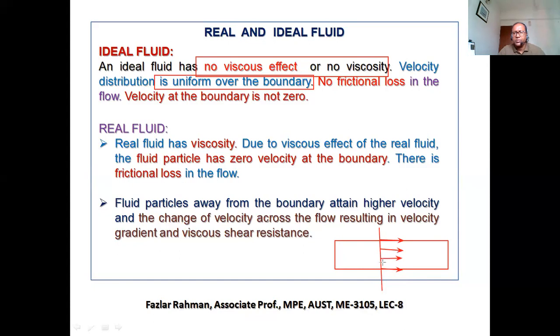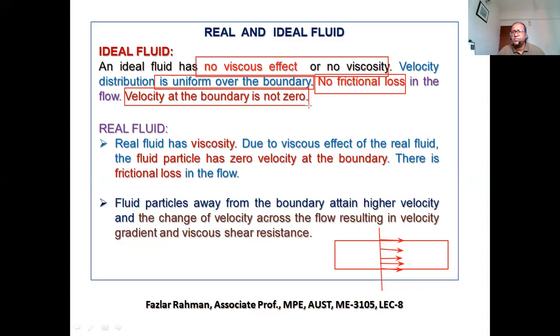All the fluid particles travel with the same velocity. So it's saying no frictional head loss in the pipe, and velocity at the boundary is not zero. That is the definition of ideal fluid, or property of the ideal fluid.